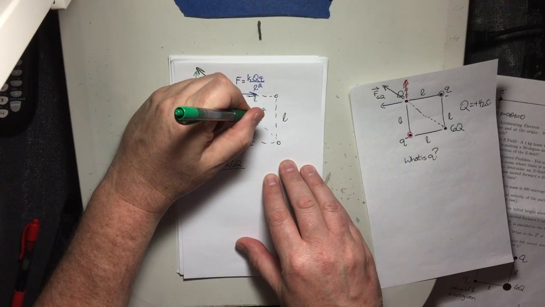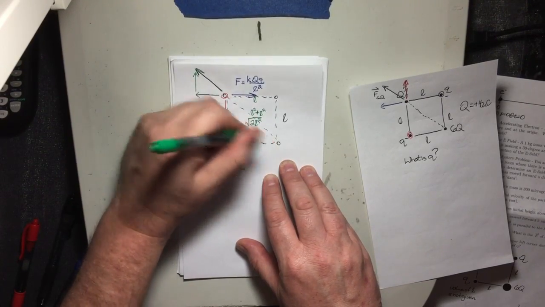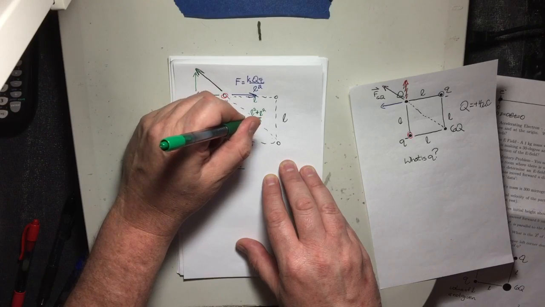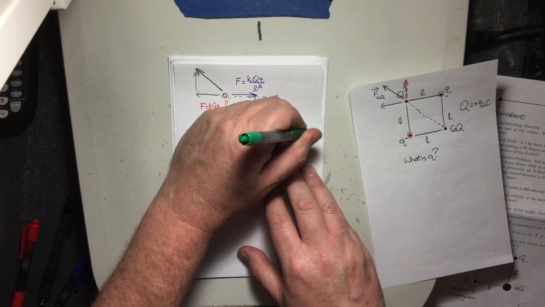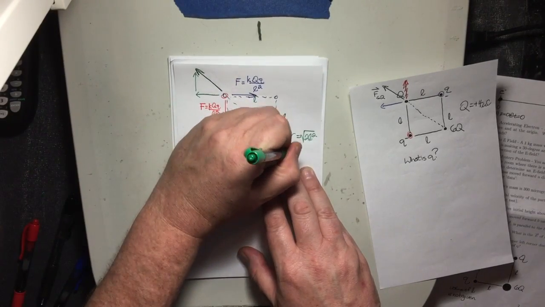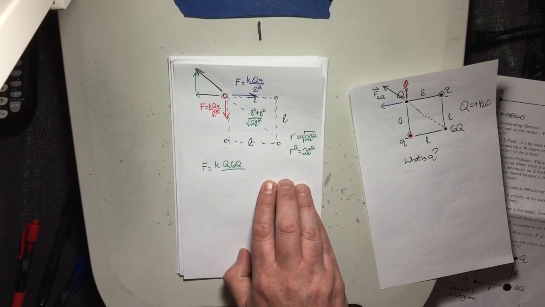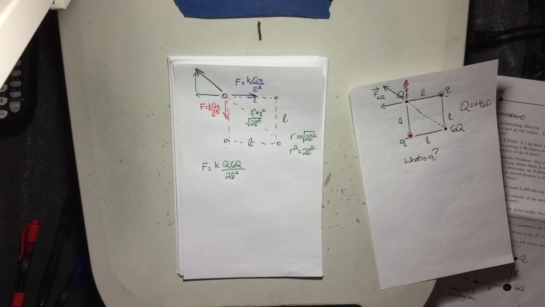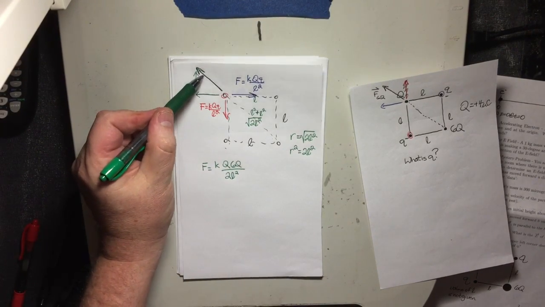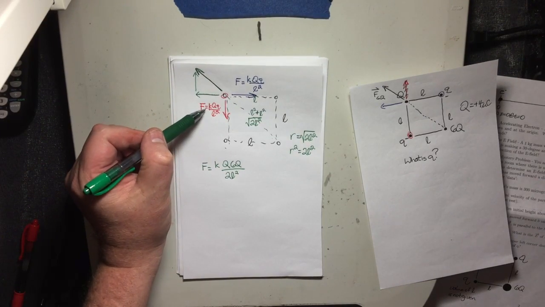And actually, the distance is the square root of 2L squared. So R is the square root of 2L squared, so R squared is back to 2L squared. And we get that. So that's this force right here. This force is this. That force is that.